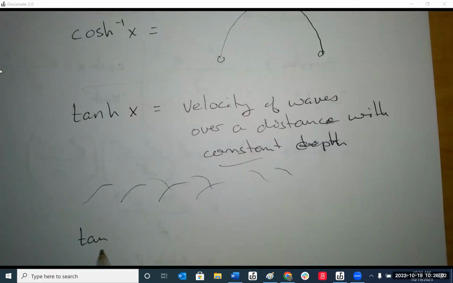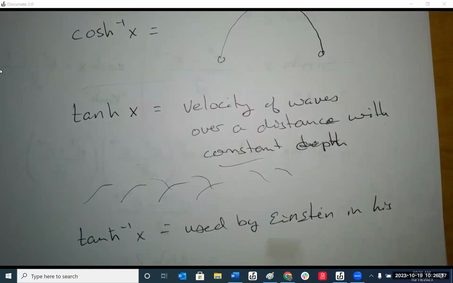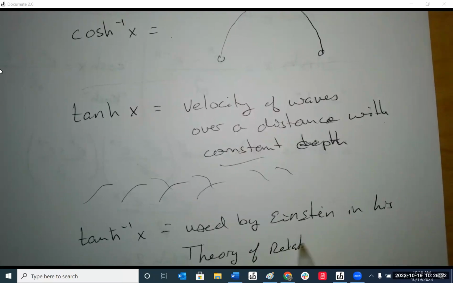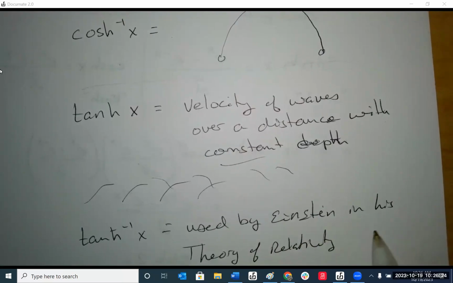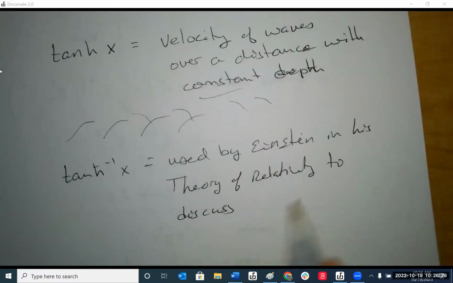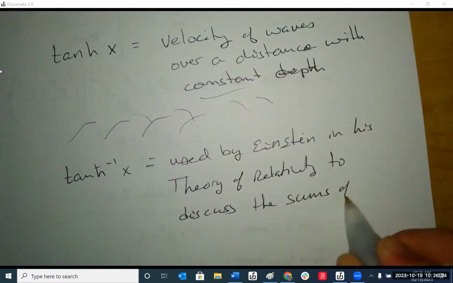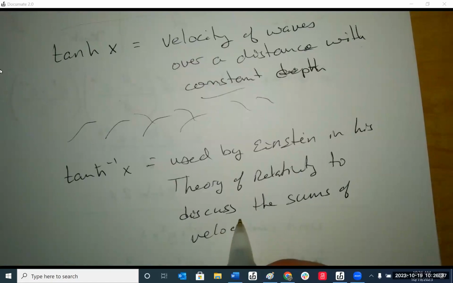The inverse of the hyperbolic tangent is used by Einstein in his theory of relativity to discuss the sums of velocities.